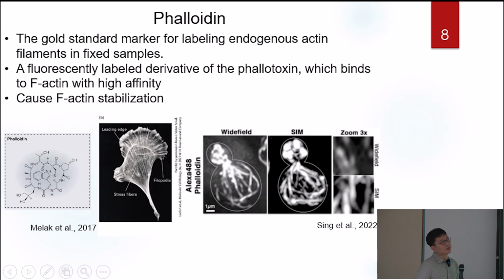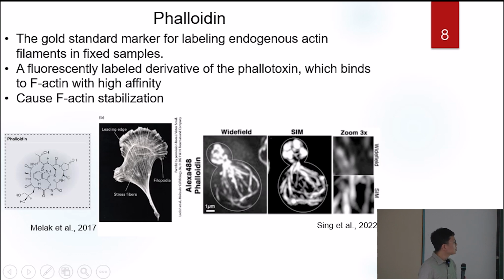You can still use it in live imaging to see the actin structure, but only for structure, because it already affects its function and dynamics. You can use different imaging methods, confocal, wide field, even super resolution, and you can clearly see the phalloidin staining on actin.